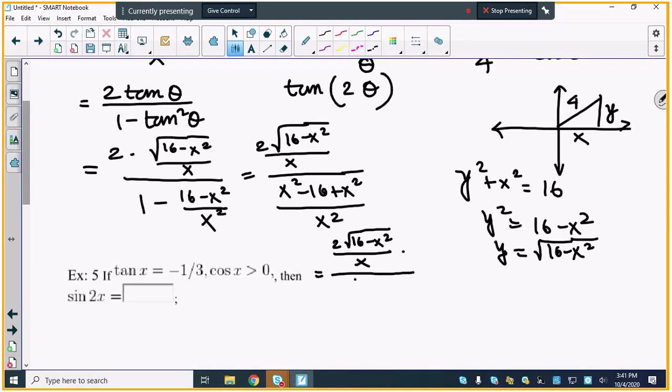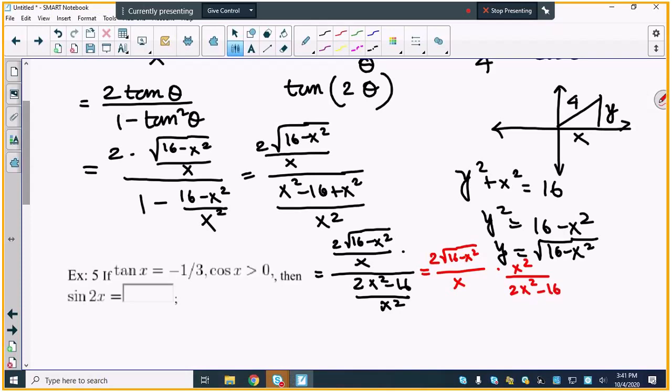So as I said, combine the like terms, so get 2x squared minus 16 over x squared. Then you said this is equal to 2 times square root of 16 minus x squared over x times the reciprocal of the bottom fraction, which is x squared over 2x squared minus 16.